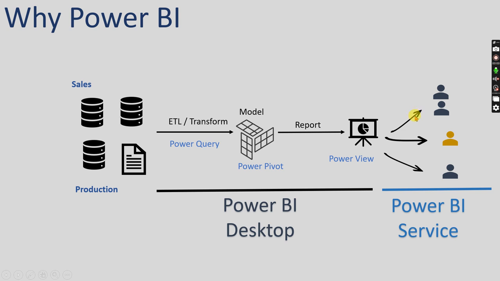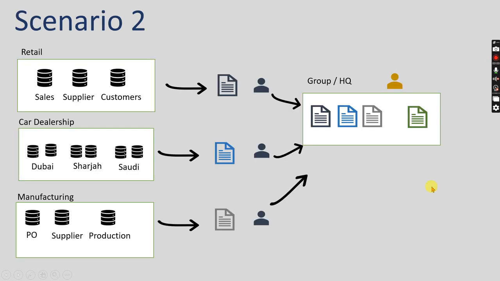The sales manager will see only sales-specific reports, and the production manager will see only production data. The CEO has to see all the reports, so he will see everything. So most of the challenges that I talked about earlier have been addressed by Power BI.